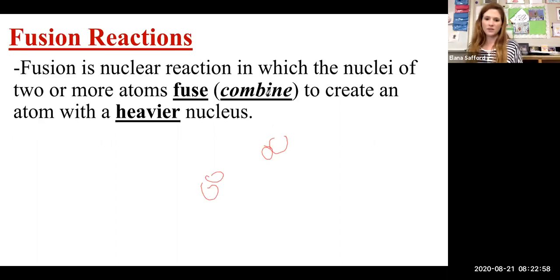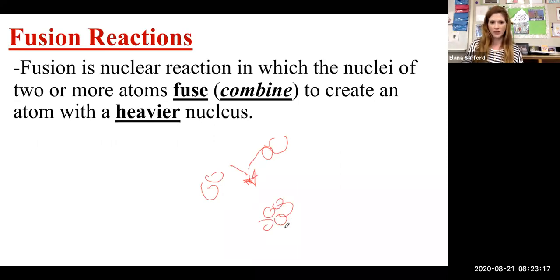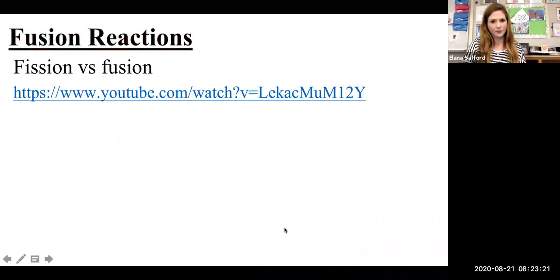So if something's too light, it is unstable and unhappy just as much as if it is too big and too heavy. So what can they do? They'll fuse together to make something heavier and more stable. So fission, division, and fusion, you want to think coming together. Make it more heavy.